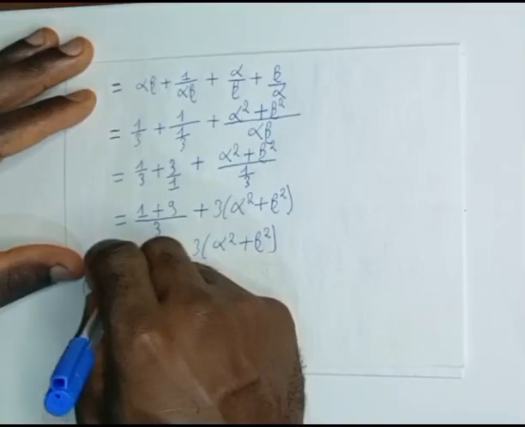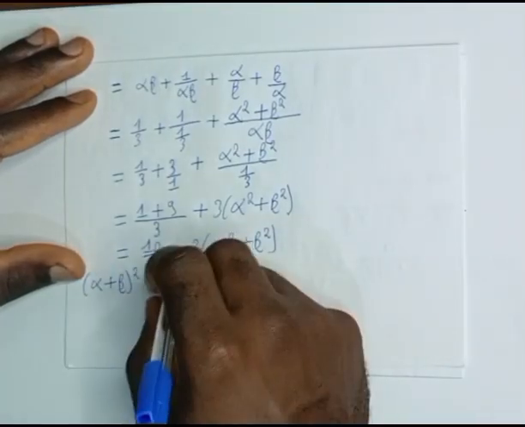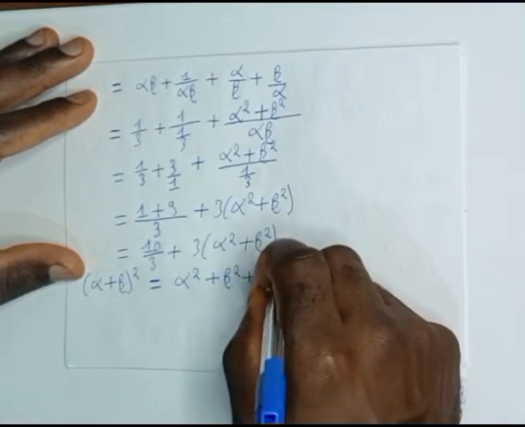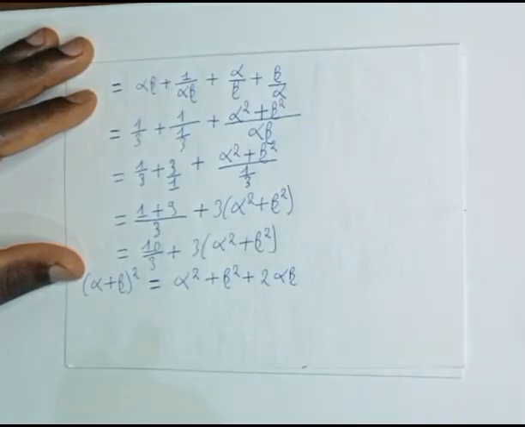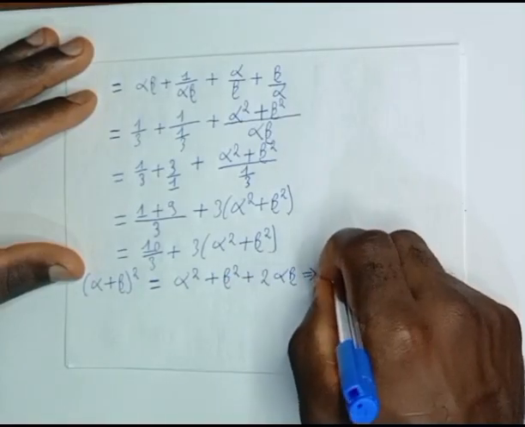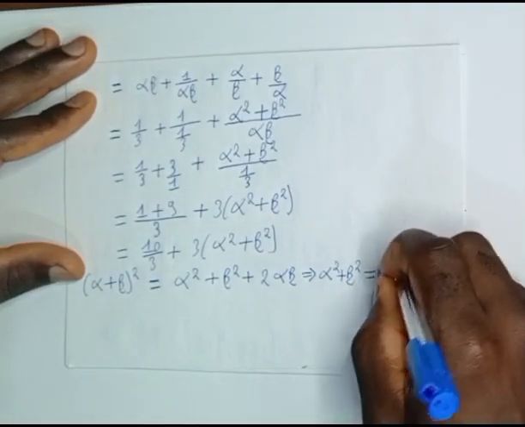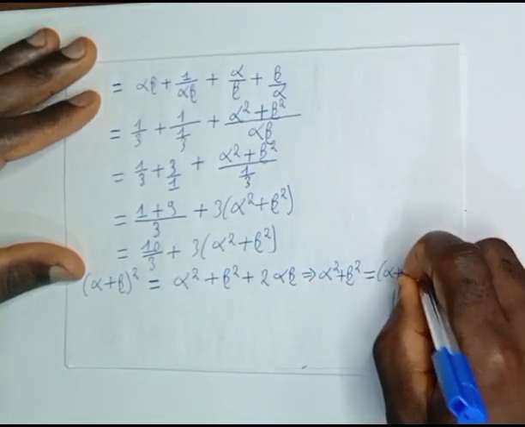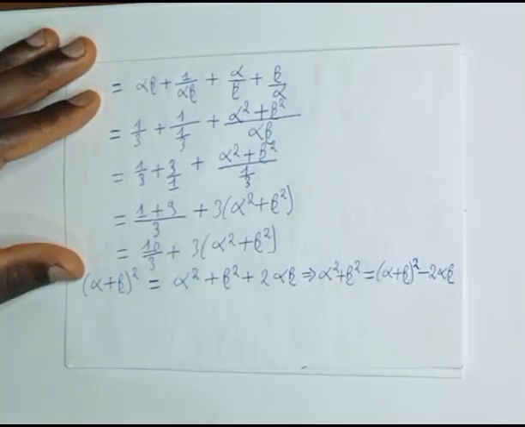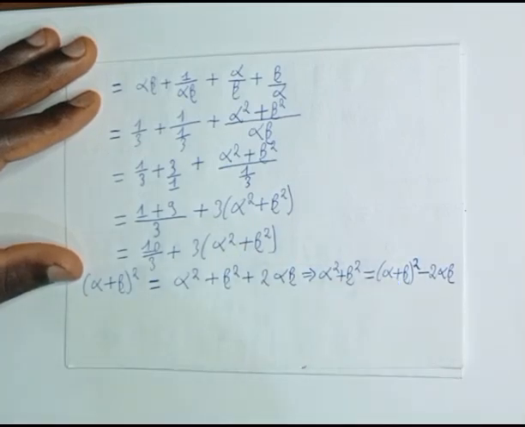Alpha plus beta, all this squared, is simply equal to alpha squared plus beta squared plus 2 alpha beta. Then, if we make alpha squared plus beta squared the subject of the formula, it will simply be equal to alpha plus beta, all this squared, minus 2 alpha beta. We are going to insert it here, but first let's simplify to get the numerical value.